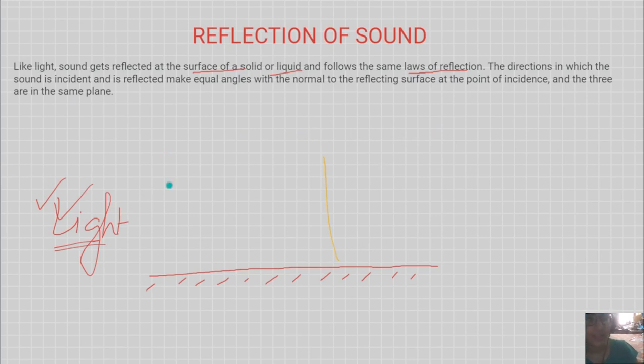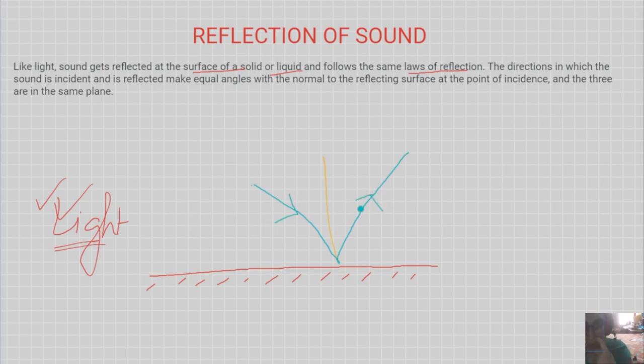So now what's happening is that an incident light is coming. Just pretend that it is straight. Okay. So yeah. An incident light falls on the mirror, and it gets reflected. Okay.